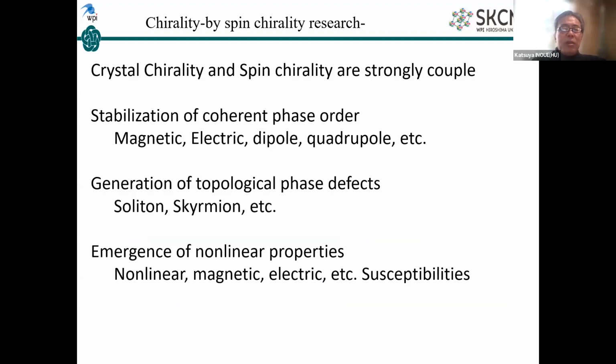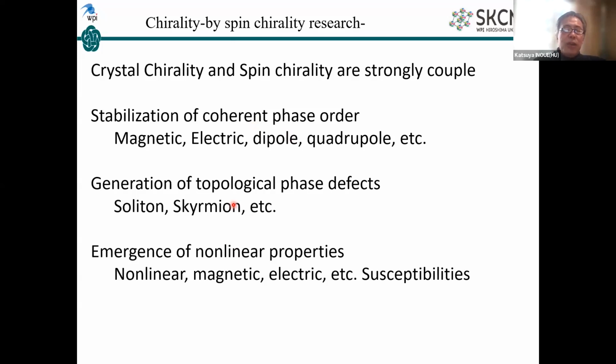The first one is that crystal chirality and spin chirality are strongly coupled via DMI, the Dzyaloshinskii-Moriya interaction. Another important thing is stabilization of coherent spin phase order. It is possible to have coherent phase order for magnetic, electric dipole, and quadrupole magnetic phases, which we also found. The third one is generation of topological phase defects.